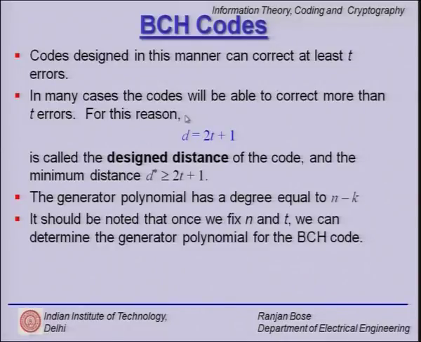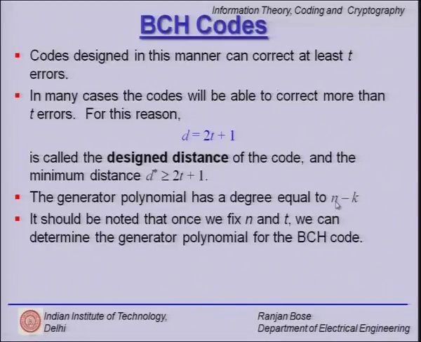Please note, a code designed in this manner can correct at least t errors. Therefore, it is called the designed distance d, which is equal to 2t plus 1, and sometimes it is greater than the minimum distance. And it goes without saying that the generator polynomial has a degree n minus k.